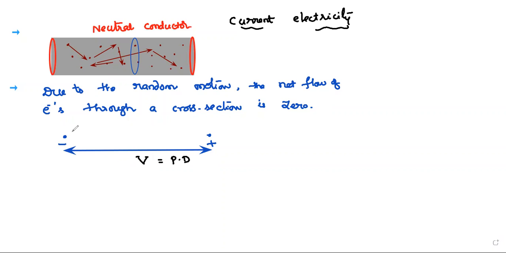Why? Because electrons are repelled by the negative, attracted by the positive. So the electrons start moving towards right from lower potential to higher potential. Keep in mind, this is low and negative, positive is high. They are trying to move from low potential to high potential.